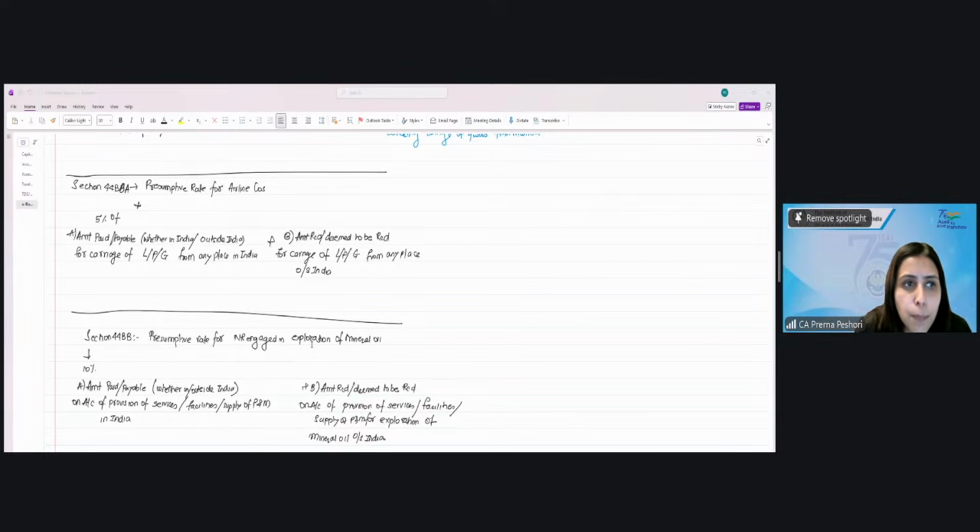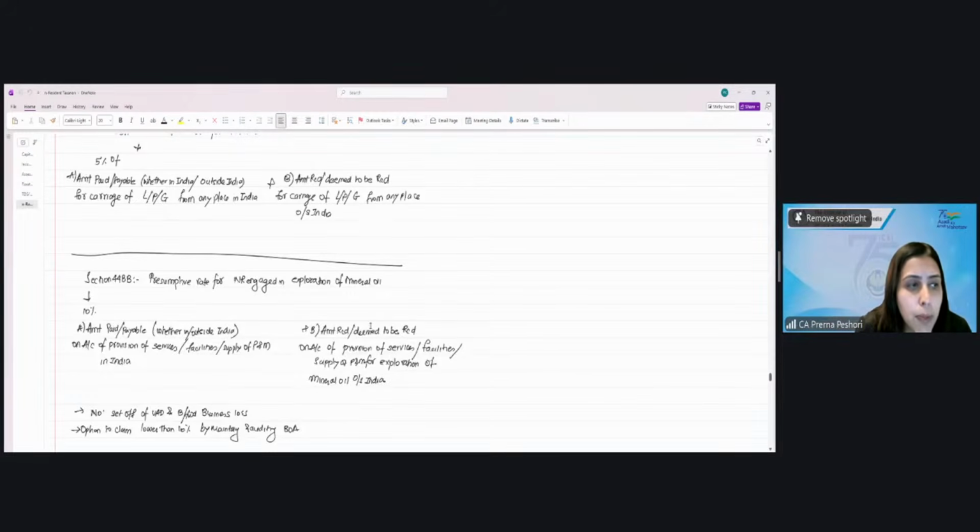Then you have section 44BB, which is for the exploration of mineral oils. Any business providing services in connection with supplying plant and machinery on hire to be used for extraction or production of mineral oil can opt for a presumptive rate of 10% of the amount paid or payable for services, facilities or supply of plant and machinery in India, and amount received or deemed to be received for the same to be used for production of mineral oil outside India.